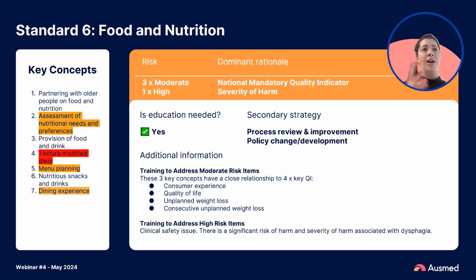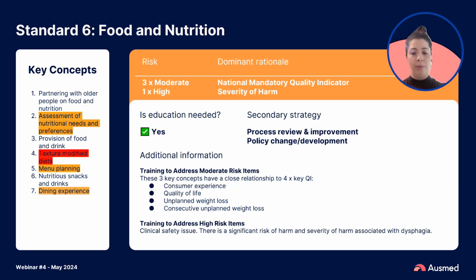The rationale for why those 3 are listed as moderate is because of their relationship to, I think, 4 key national mandatory quality indicators: the consumer experience, activities of daily living, quality of life, and unplanned weight loss. Those 3 all relate to that quality indicator, which, if you think back to our classification of risk at the beginning, is where we made this assessment from.